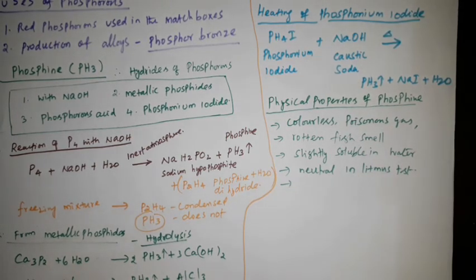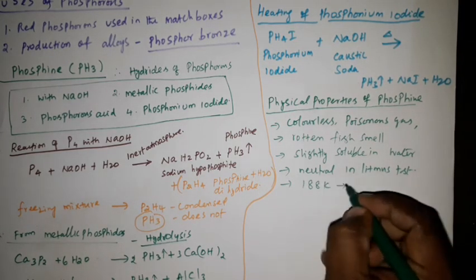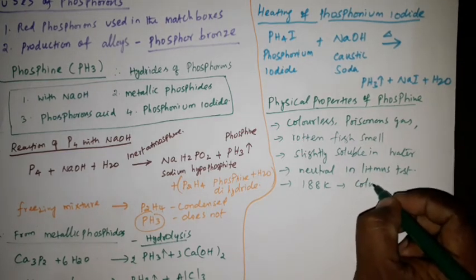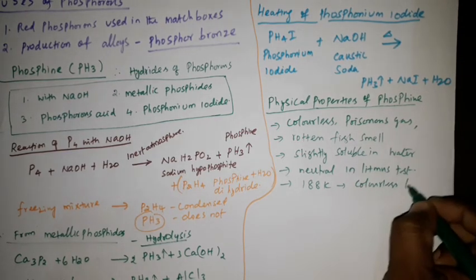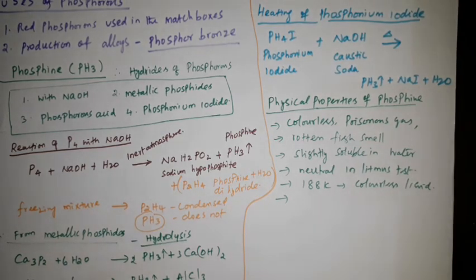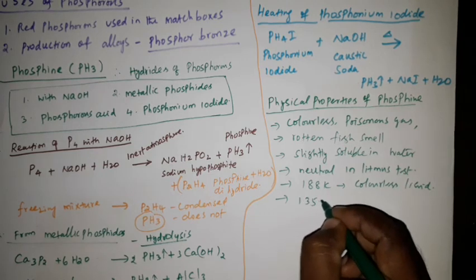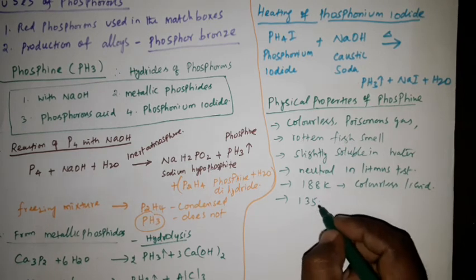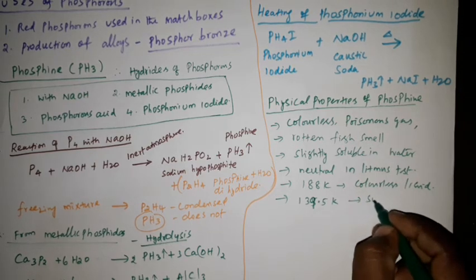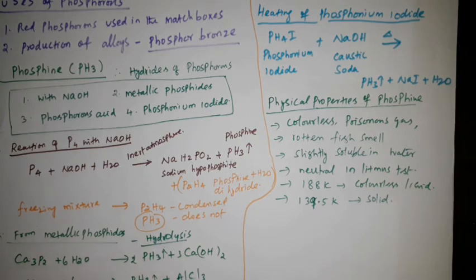Then at 188 Kelvin it condenses to a colorless liquid. Then around 139.5 Kelvin it freezes to a solid. Okay, so these are the physical properties of phosphine.